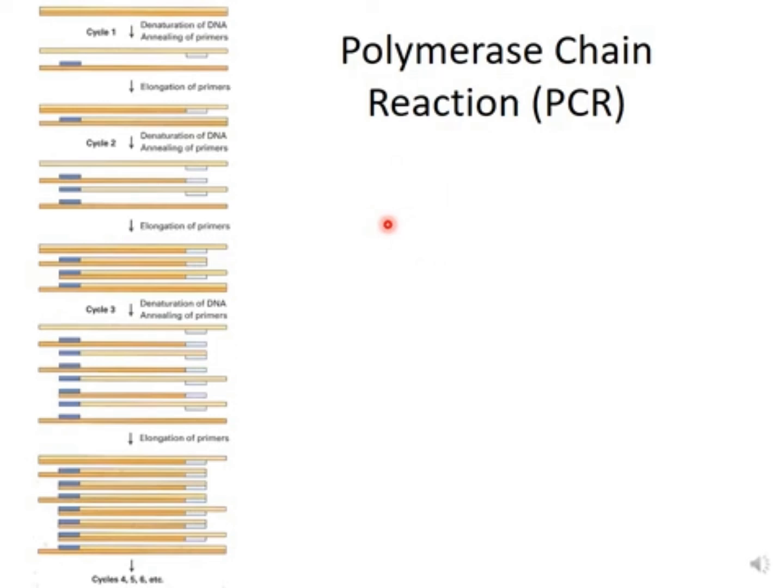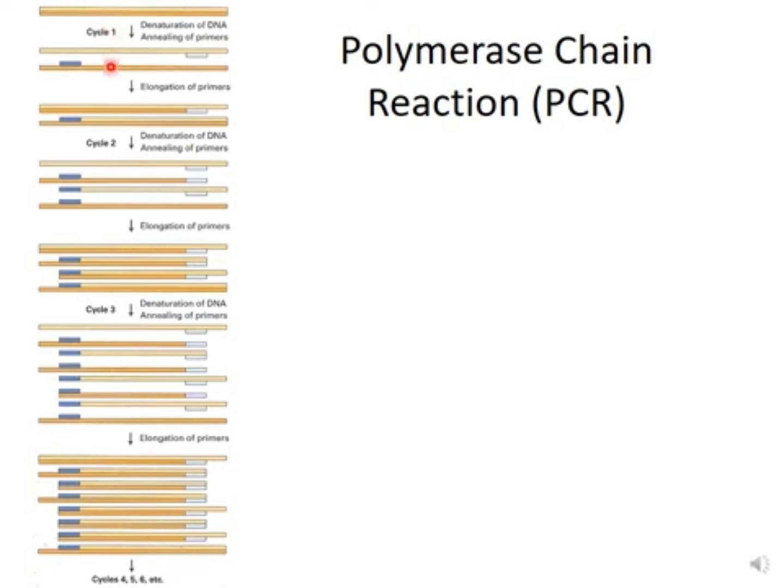So what happens in PCR, which is, as I mentioned, a DNA amplification technique in order to get enough DNA to detect, is we start out with double-stranded DNA. Whether we recognize this DNA or not is not a problem, as long as we have proper primers. At the beginning, we denature the double-stranded DNA by subjecting it to high temperatures.